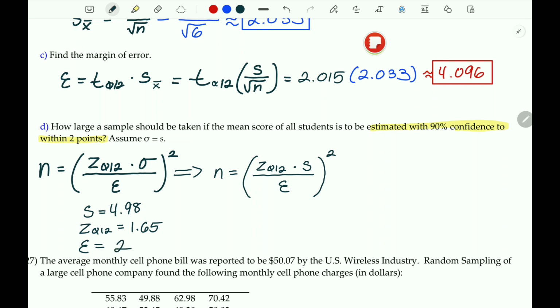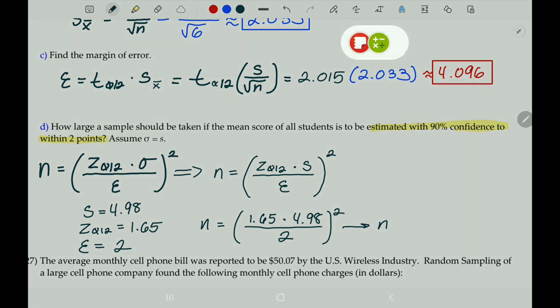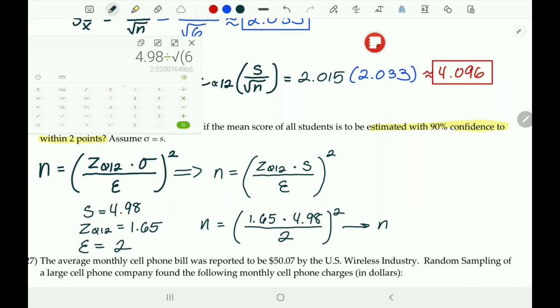Now let's find the minimum sample size. n equals 1.65 times 4.98 divided by 2. And we're going to square this. And remember, when it comes to the minimum sample size, we need to round up to the next whole number. So 1.65 times 4.98.